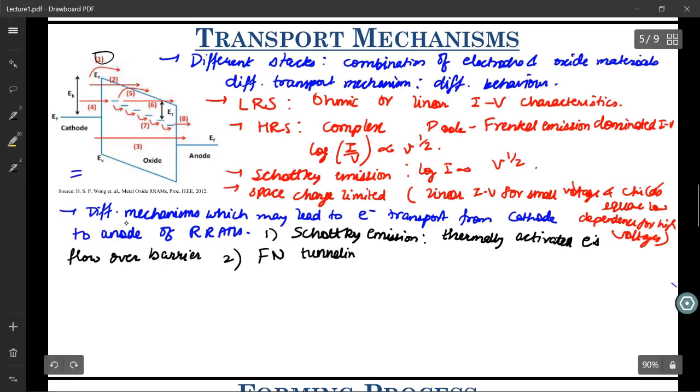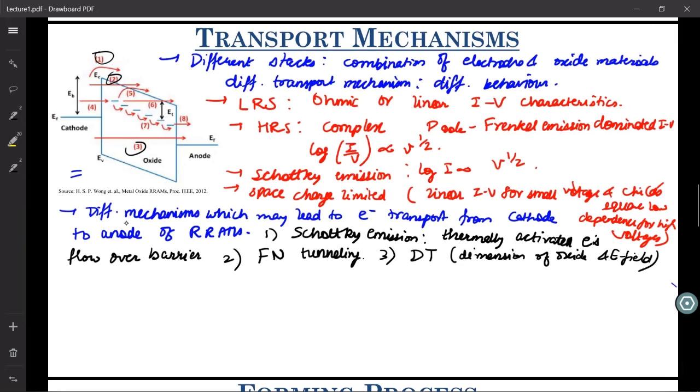We have already discussed a lot about it while discussing flash. What is the third mechanism? The third mechanism is direct tunneling. These depend upon the dimension of the oxide and the electric field. If the electric field is high and the thickness of the oxide is less than 3 or 4 nanometers, you will observe direct tunneling. Otherwise, it would be Fowler-Nordheim tunneling.